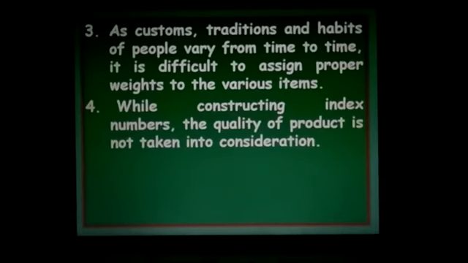And quantity also we may consider, like how much it was bought for usage or consumed earlier, and how much is being consumed now in the current year. All those we can study, but the quality of the product is not taken into consideration.